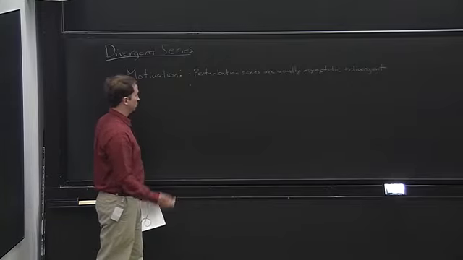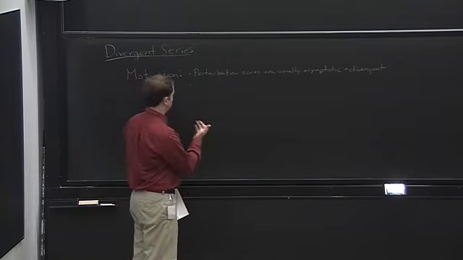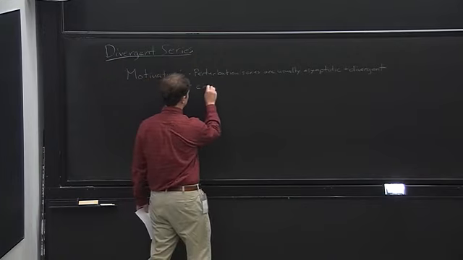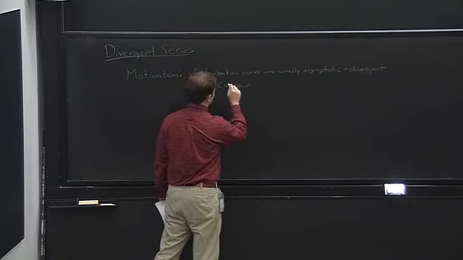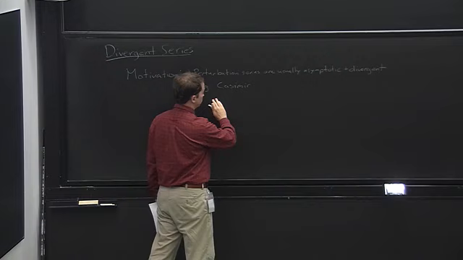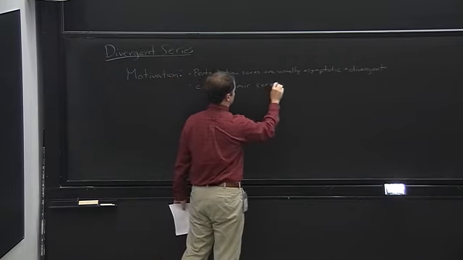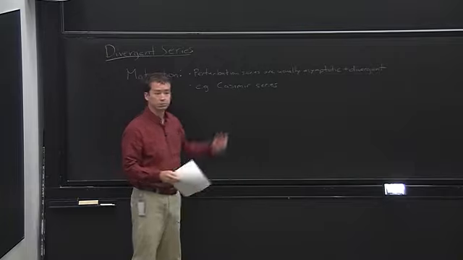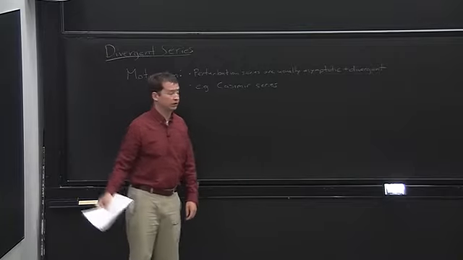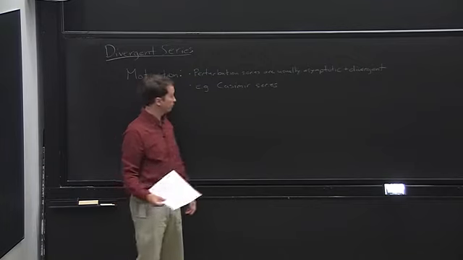One way to derive the Casimir force is by writing down a divergent series, and using some of the techniques we'll talk about in today's lecture, we can sum, in a sense, that series and derive the finite Casimir force.